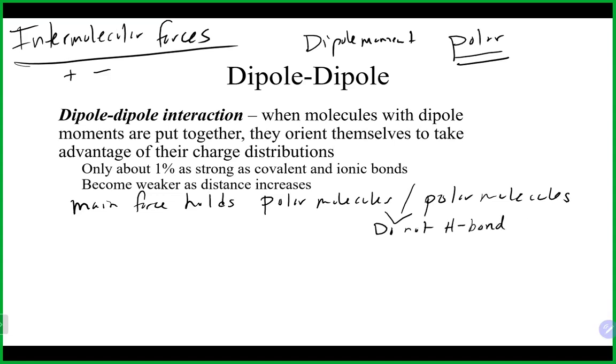What that basically means is if you have a polar molecule, it has a positive side and a negative side. And if you take another polar molecule, it also will have a positive side and a negative side. And right there between the two oppositely charged sides of those molecules is where that interaction is going to happen and how they're going to bond together.